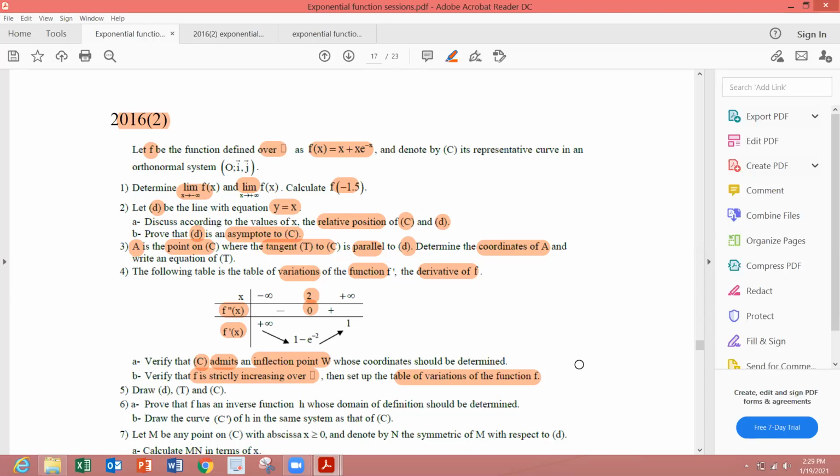Positive. Who is positive? f prime of x. We have to prove f prime is positive. Why is f prime positive, Alyssa? Because the minimum is positive. The minimum of f prime.